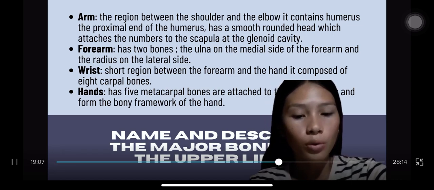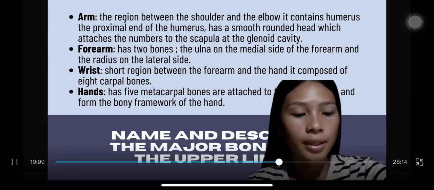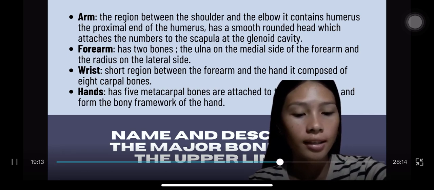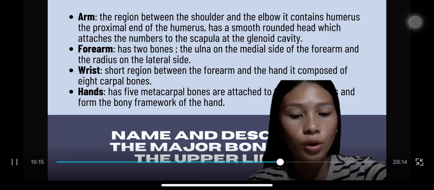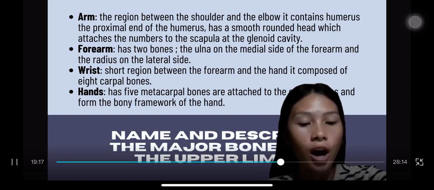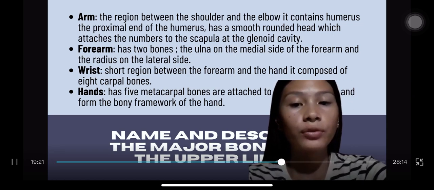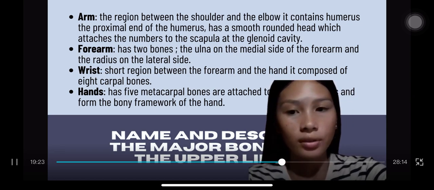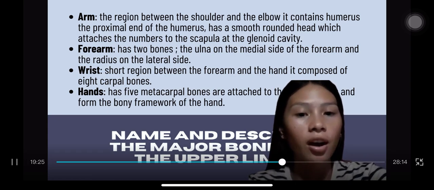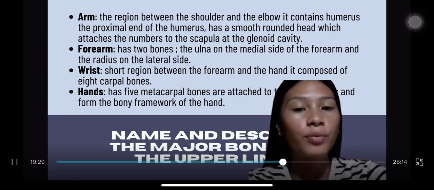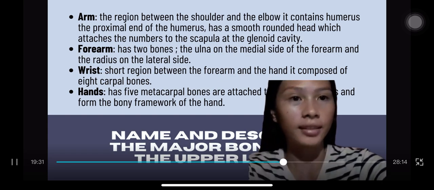The forearm has 2 bones, the ulna on the medial side of the forearm and the radius on the lateral side. Wrist, short region between the forearm and the hand, is composed of 8 carpal bones. The hand has 5 metacarpal bones attached to the carpal bones that form the bony framework of the hand.